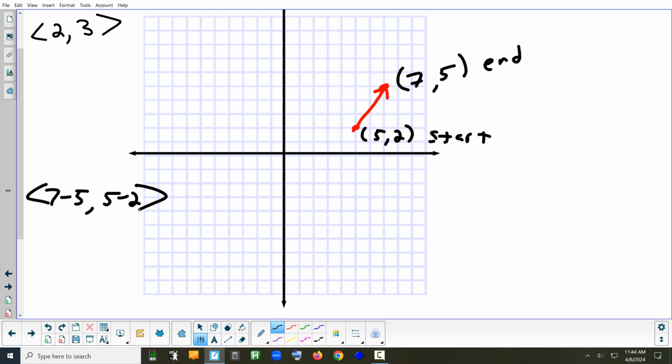You can convert the coordinates into a vector. Now, I kind of made a point of saying end minus start. Does it make a difference if you do end minus start versus start minus end? Right, you would get negatives, which would mean you'd get a vector that points the other way. So doing it in the wrong order will give you the wrong answer.